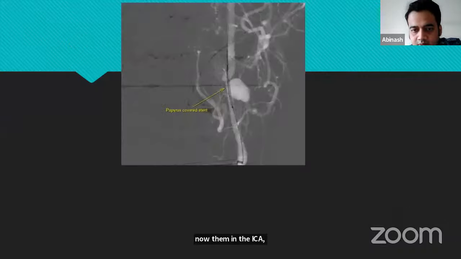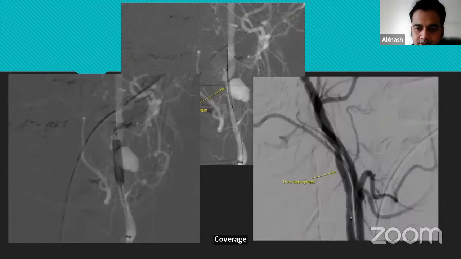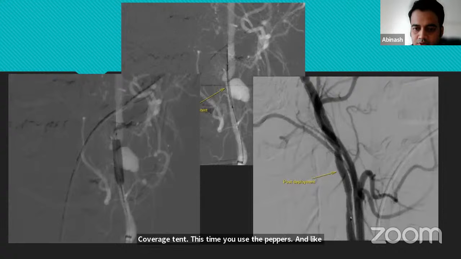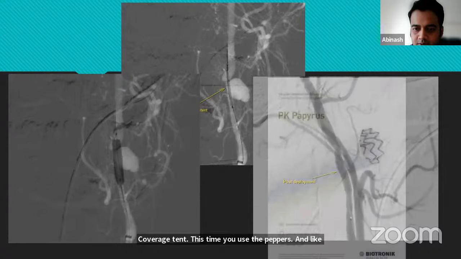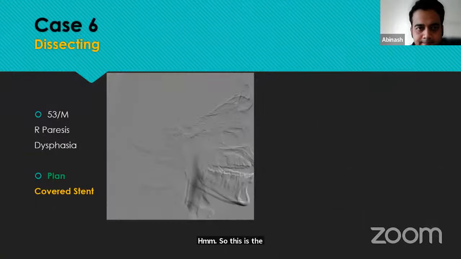For him, again, we planned a covered stent. This time we used a Papyrus covered stent, and like all other cases, this is the post-deployment shoot. This is the Papyrus stent by Biotronik that we used for this case.